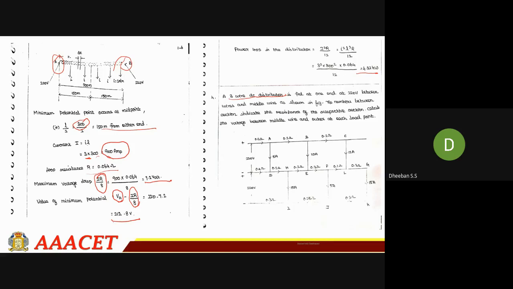Till now we have seen the 2-wire DC distributor, and now we will be dealing with the 3-wire DC distributor.